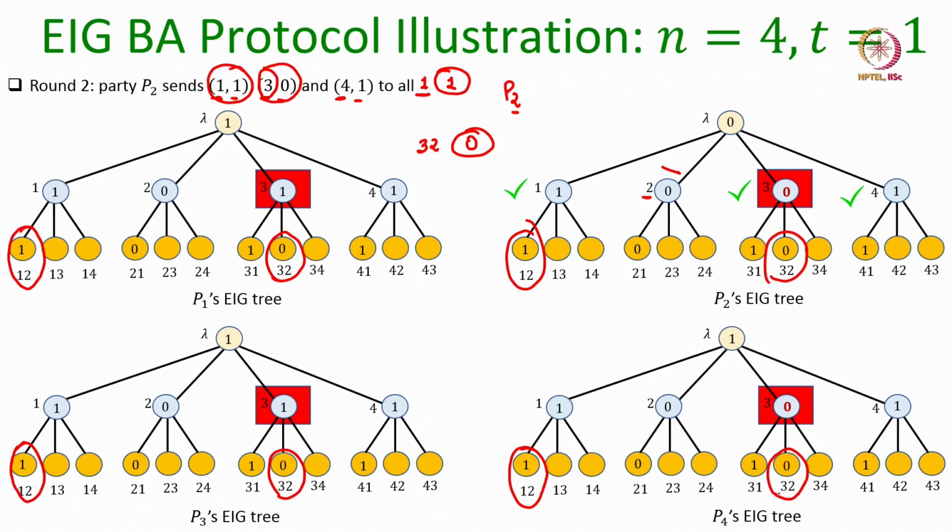In the same way, based on this message, the node 4 2 will be assigned the value 1 in all the EIG trees.